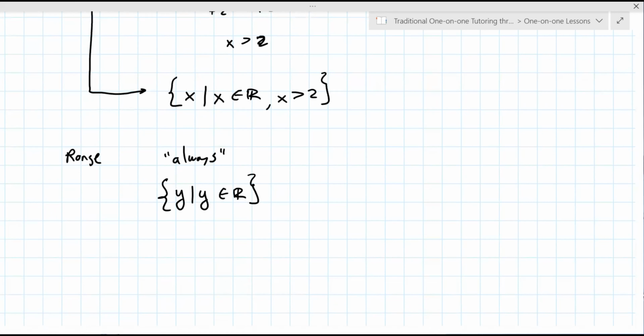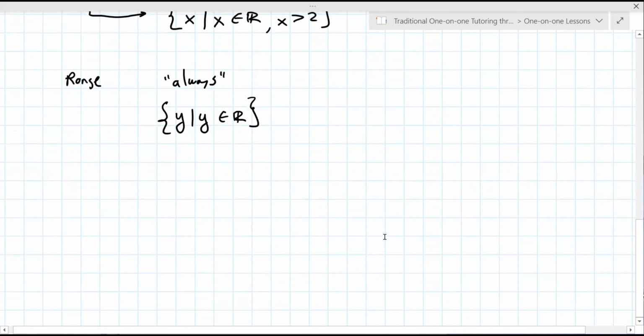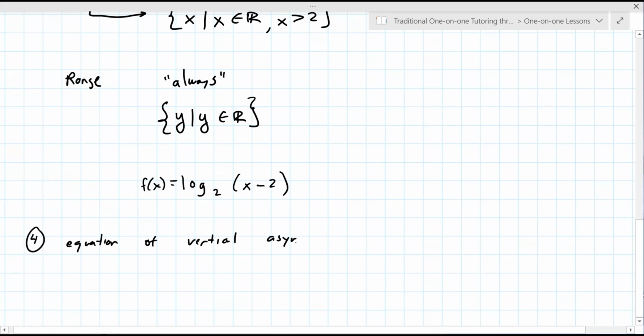Sometimes we get so far away from the actual problem that we almost have to reset each time because there are so many things going on. So the fourth thing they ask you for is the equation of the vertical asymptote. This time you set the inside of the parentheses equal to 0.